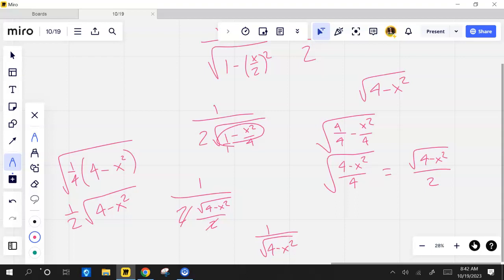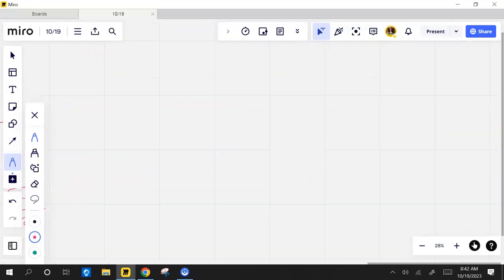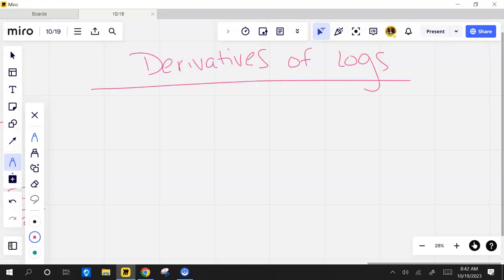What else on those? Y'all okay? Y'all ready to differentiate some logs? You'll like these. Let's do it. Uh-oh. What? Yeah. We'll probably have to get another notebook.